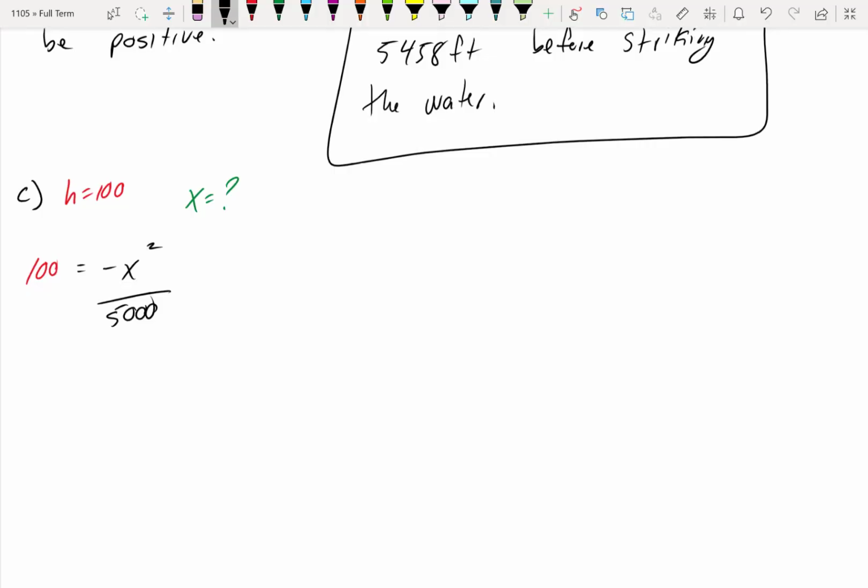Sorry about that, I had to pause for a moment. Alright, so we're still plugging in h as 100. So we have 100 equals negative x squared over 5,000 plus x plus 500. From there, we have to solve for x because it's asking when this is happening. Anytime you have that quadratic, an x squared, you want to set the equation equal to 0.